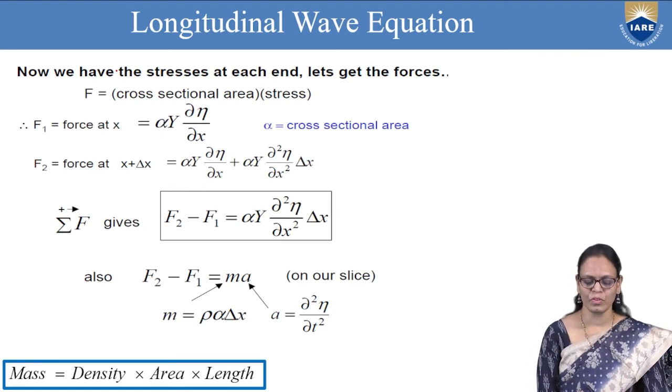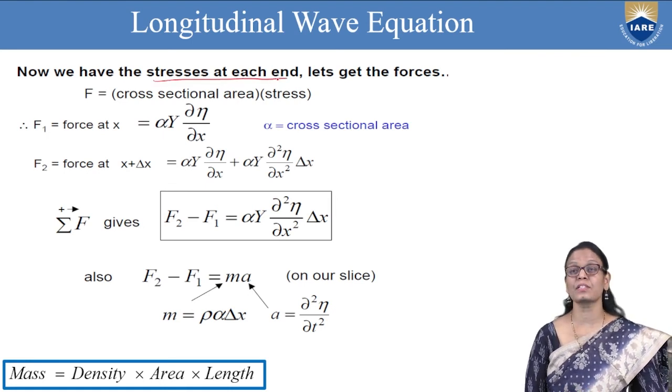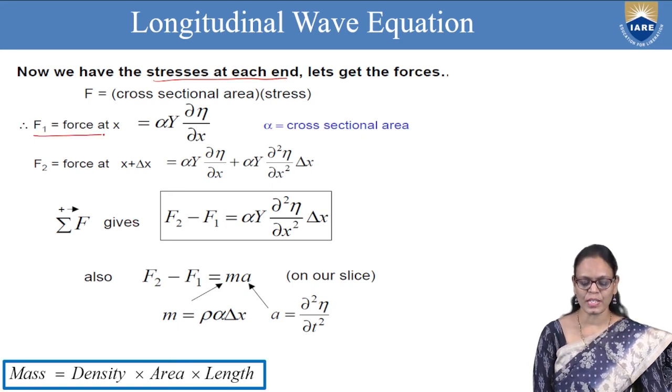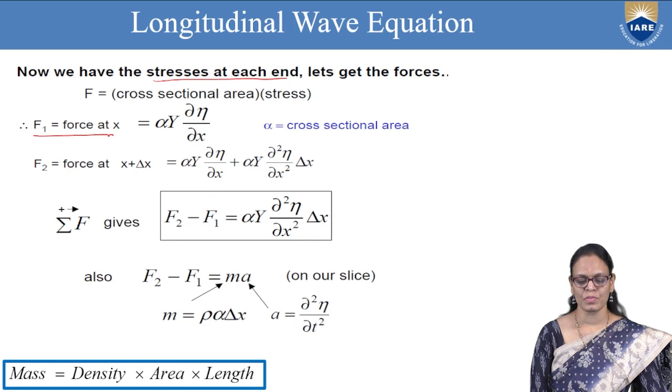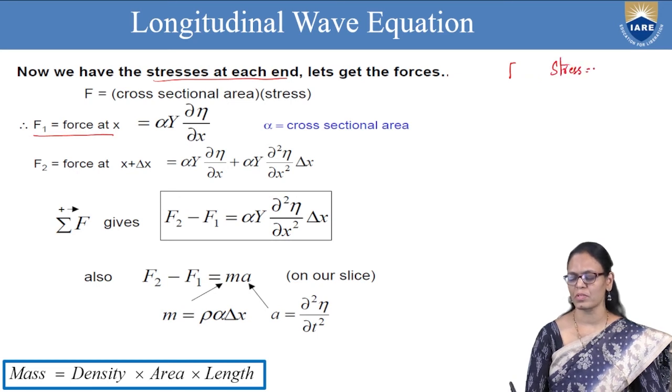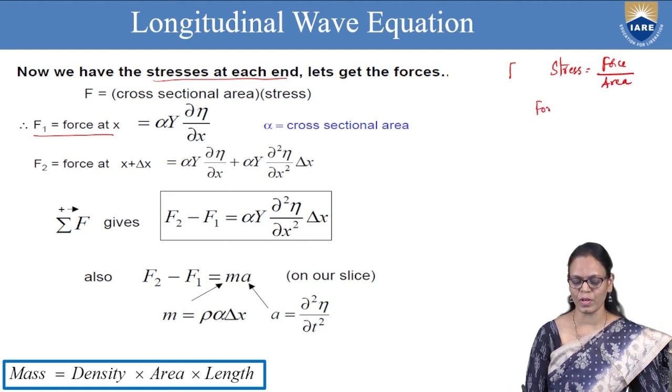So now we have the stress at each end. And how do we get the force at x? Because we have stress equal to force upon area, force will be equal to stress into area.